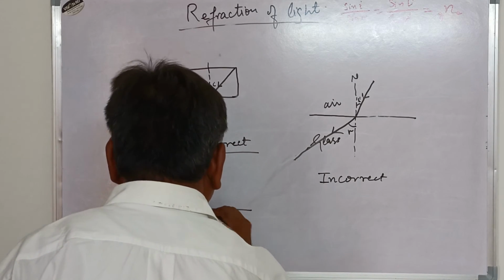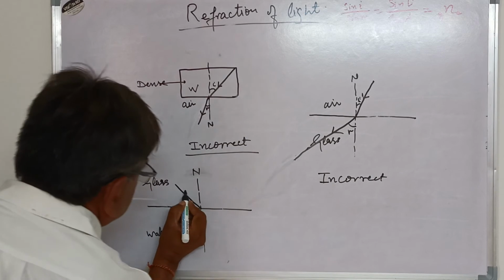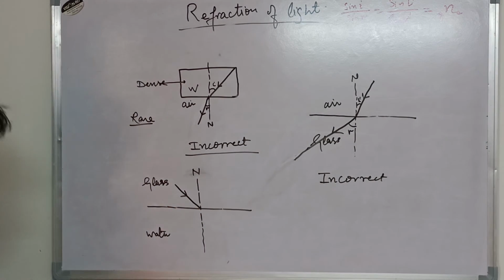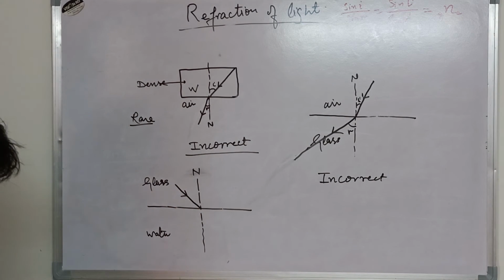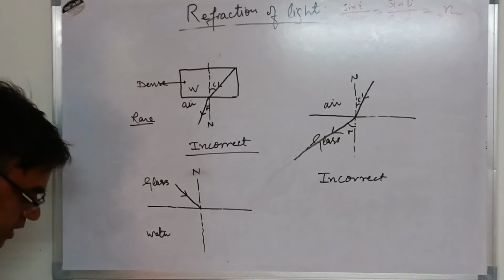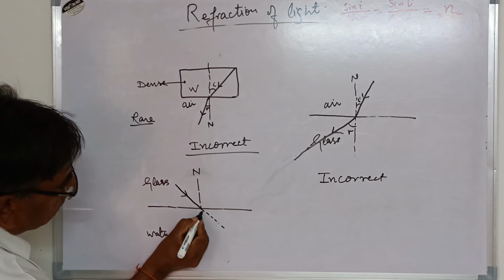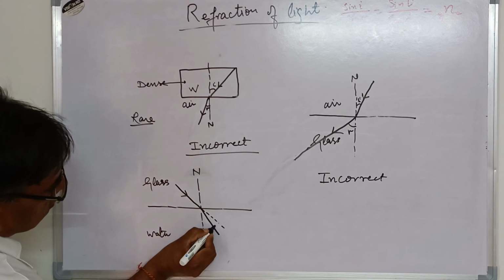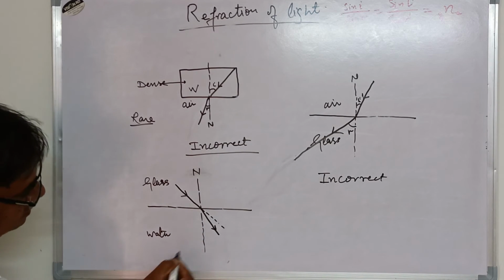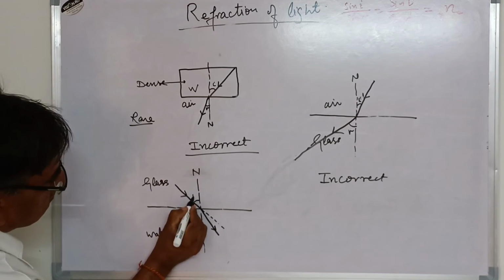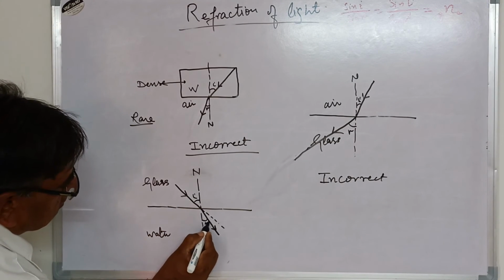It is shown that the incident ray is this, and it bends towards the normal. This is its original path, but it bends a little towards the normal. This is I and this is R.